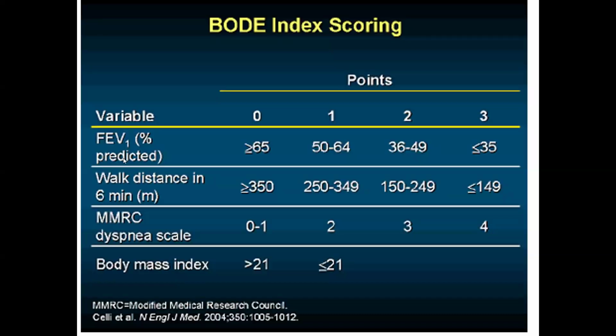Now, as far as FEV1, if it's less than 35, you basically are on the 3 level here, which is the maximum. Also, the walk distance, if it's less than 149 or 150, you're at the 3 level here. The MMRC dyspnea scale is from 1 to 4, 4 being the worst.